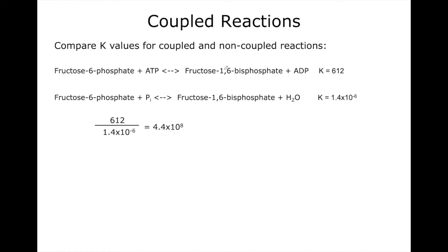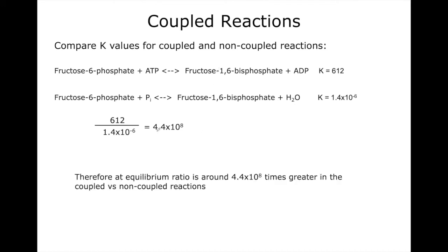So comparing the coupled to the uncoupled reaction tells us that our equilibrium ratio is about 4.4 × 10⁸. That's a huge number of times greater in the coupled versus non-coupled reaction. So by coupling it, we shift that equilibrium way to the right, making that very, very spontaneous, producing a relatively high concentration of product when compared to the uncoupled reaction.